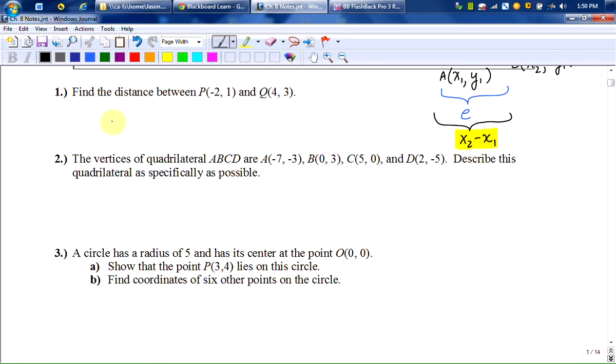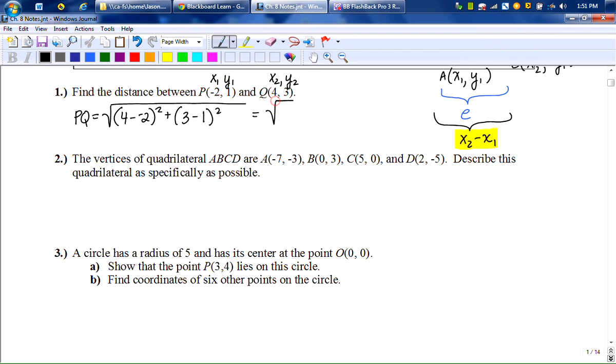We'll find the distance between these 2 points, otherwise known as PQ. We'll set up the distance formula. It doesn't matter which point I label x2, y2, but sometimes it's a good idea just to mark it on your paper. So we have 4 minus negative 2 squared plus 3 minus 1 squared. And I'm calling this point P, x1, y1.